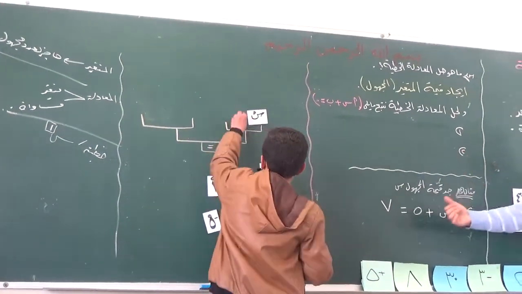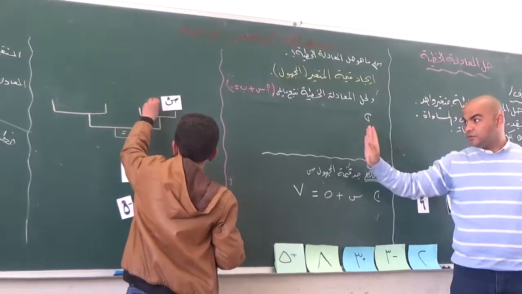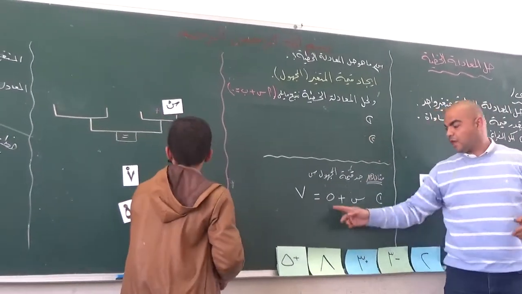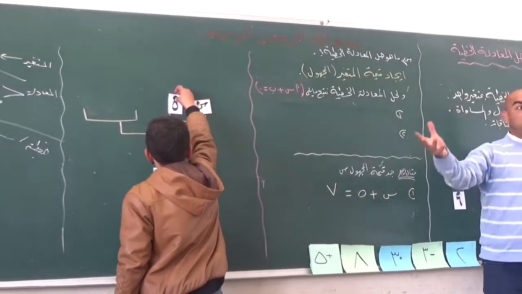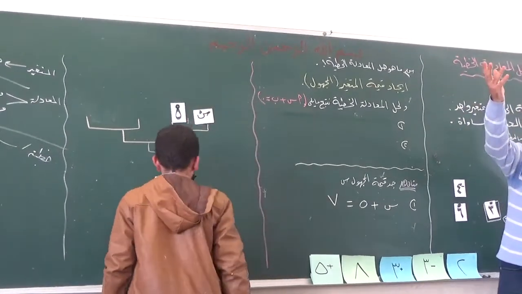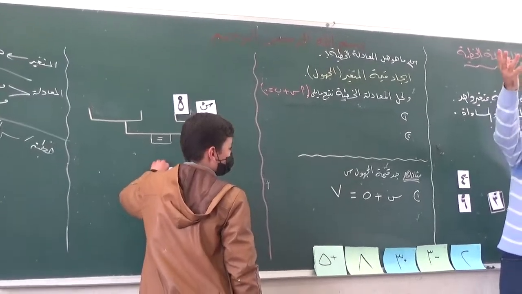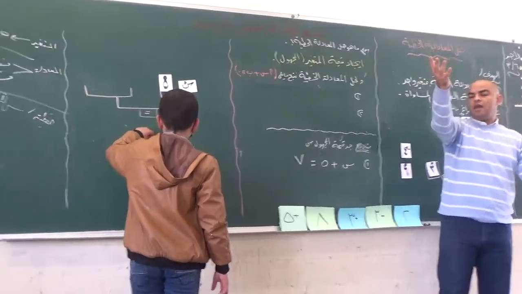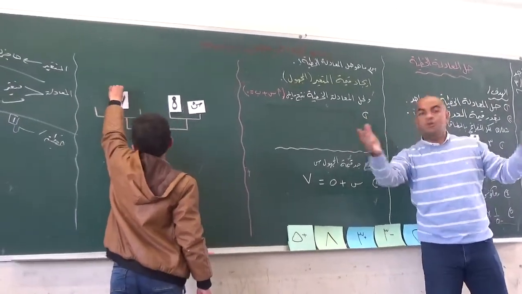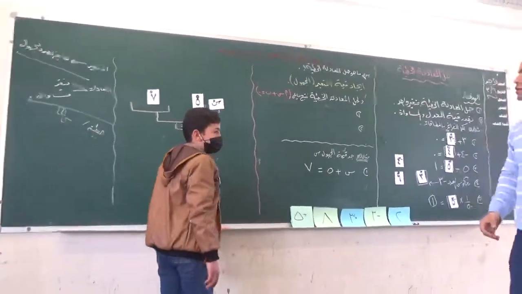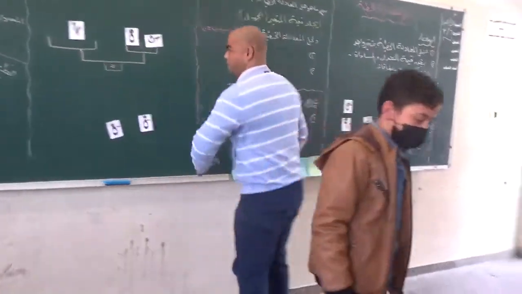Please add more. Student added 5. Teacher: great. The balance leans to the right side. To rebalance the balance, what do we have to put on the other side? The student: we have to add 7. Teacher: excellent. Please encourage him. I clap for him.